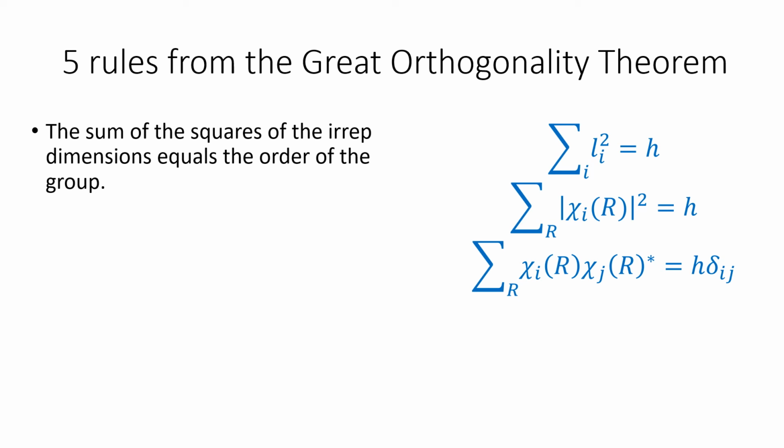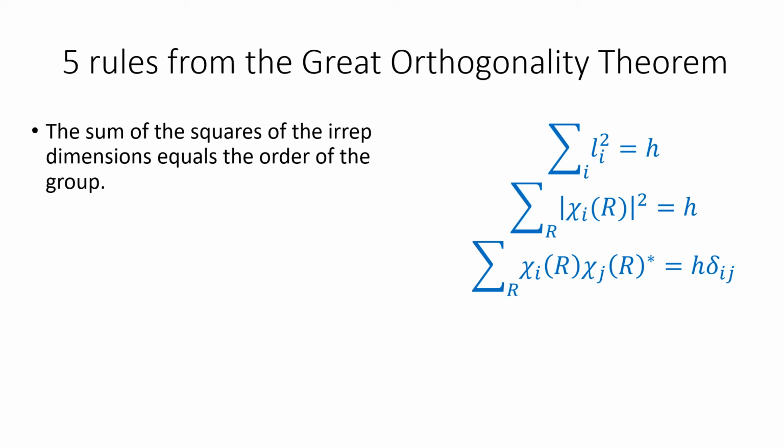So this first one: the sum of the squares of the irrep dimensions equals the order of the group. These irreps are the irreducible representations. These are the irreducible matrices that we use to describe all these symmetry operations. So summing the squares of the irrep dimensions equals the order of the group.